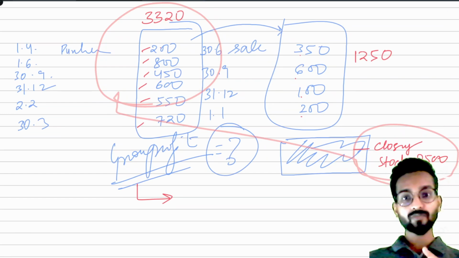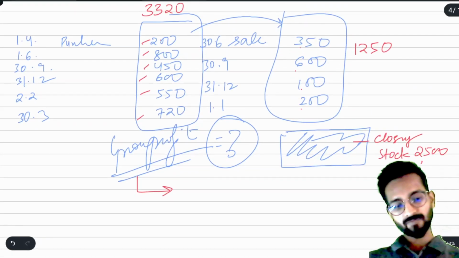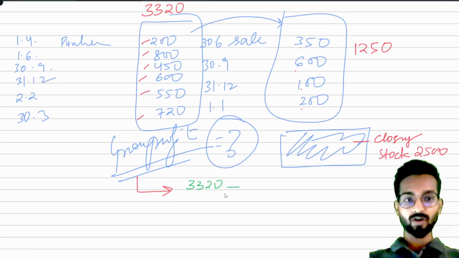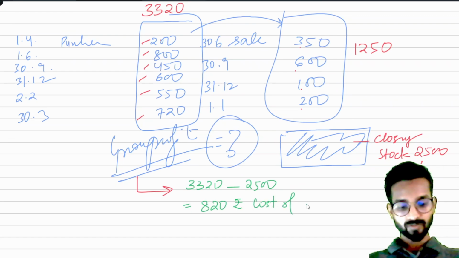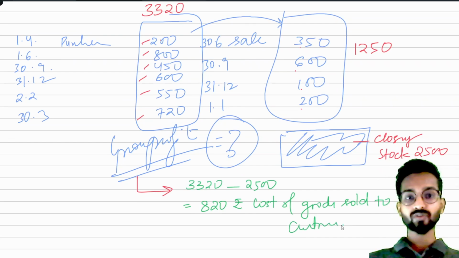You will say, sir, very easy, you purchased for 3320. We still have in our godown 2500. It means 820 rupees cost of goods has been sold to the customer.